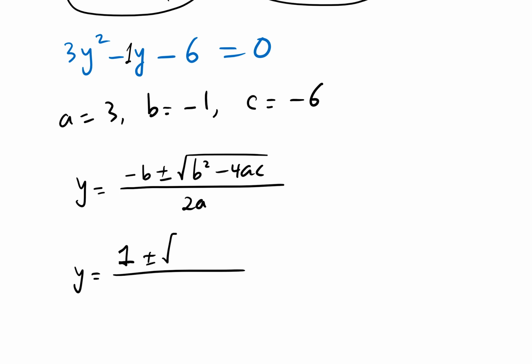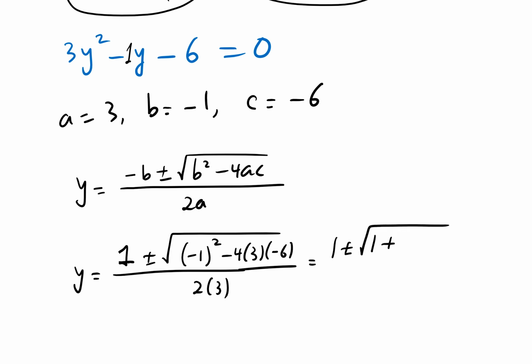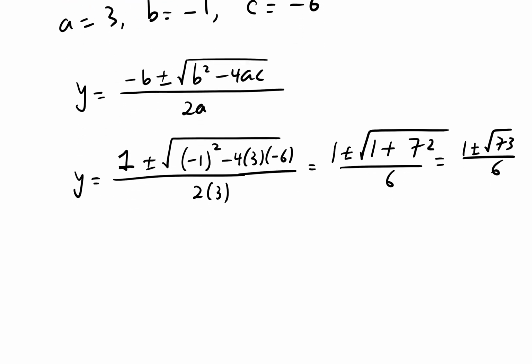So it's 1 plus or minus the square root of b squared, 1, plus 4a is 3, c negative 6, over 2 times a. 1 plus or minus the square root of 1 plus 12 times 6, 72, over 6. So that gives us 1 plus or minus the square root of 73 over 6. We can't simplify 73, so we leave it as is.